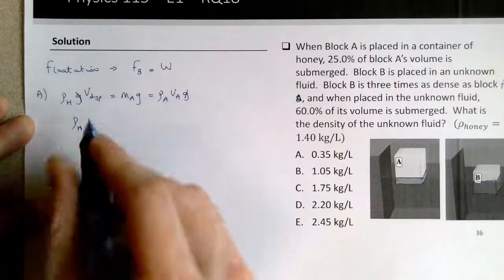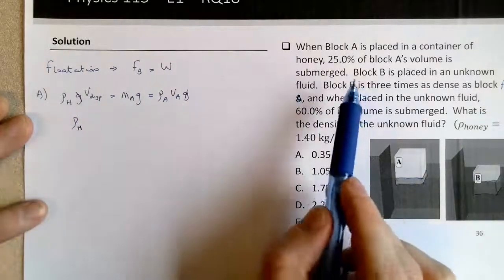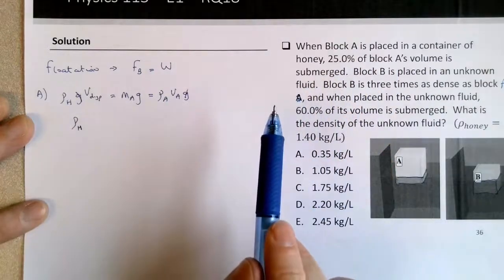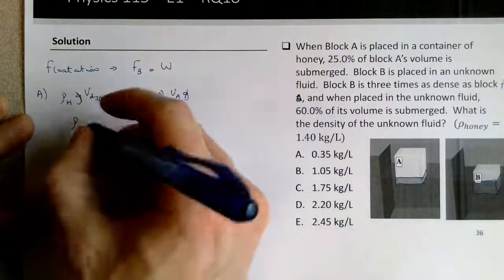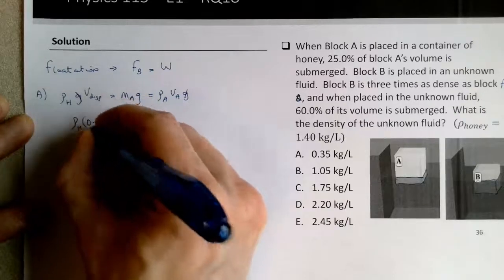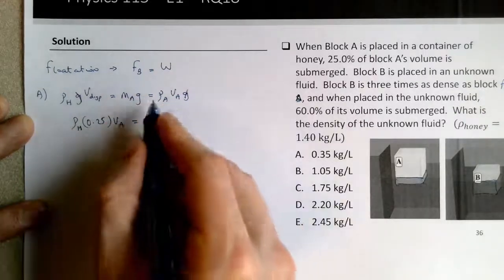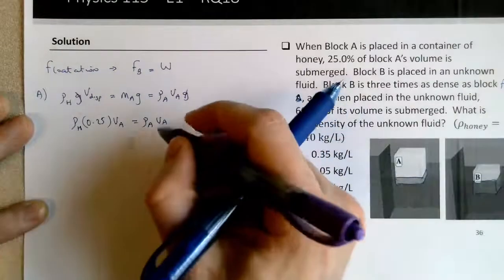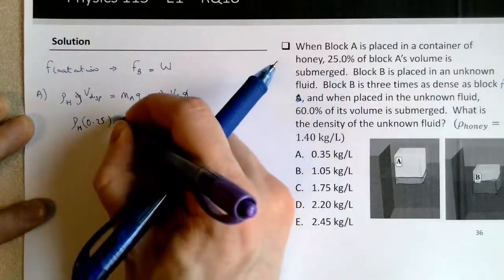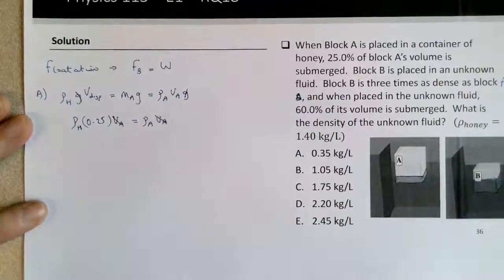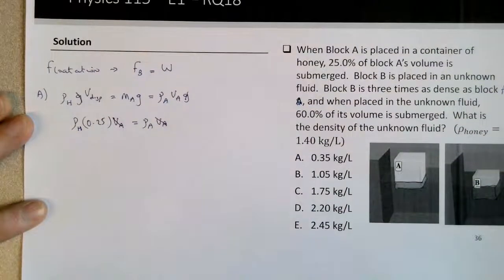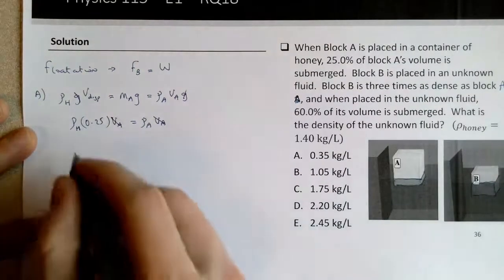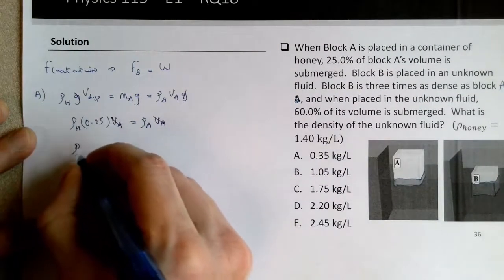Now what we're told is that the volume displaced is 25% of block A's volume. So the displaced volume is 0.25 of the volume of A, and that's equal to rho A V A. So I can get rid of those volumes. So I should be able now to describe that the density of A is only 25% the density of honey.